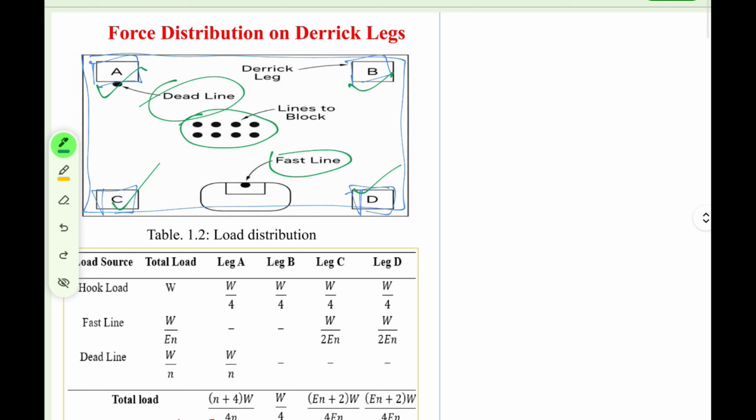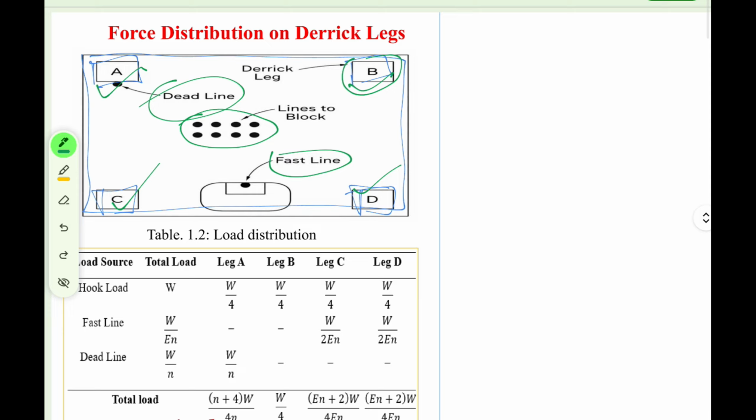So why do we need to know this? The only reason is that when you are applying some amount of load, that load could exceed the strength of any of these legs. In that case, what will happen is that your whole rig system will collapse.